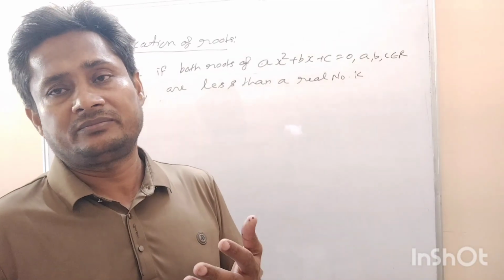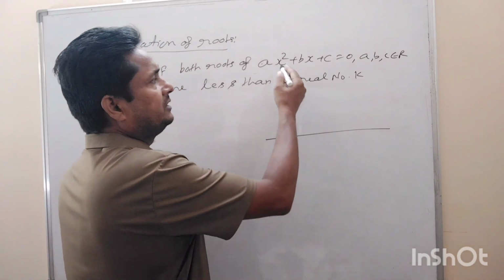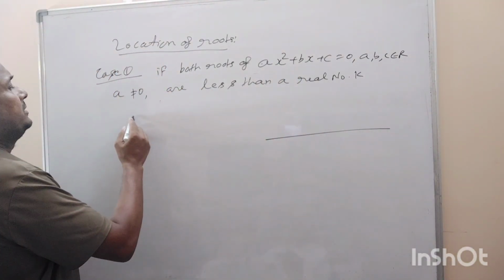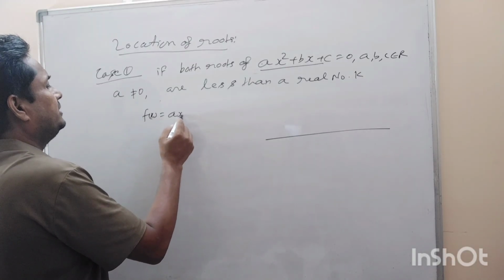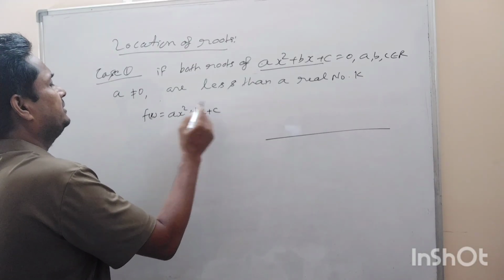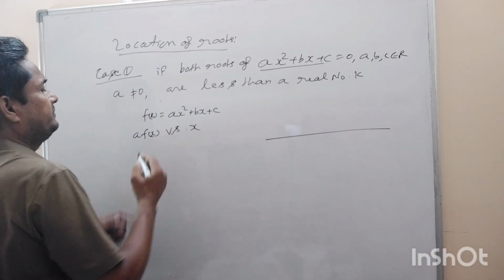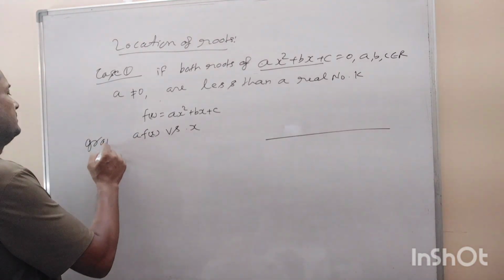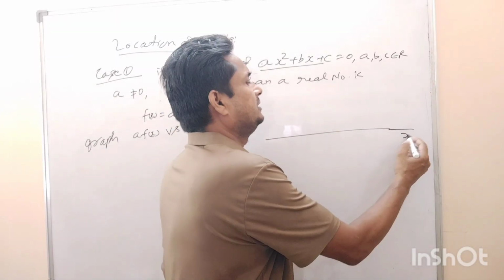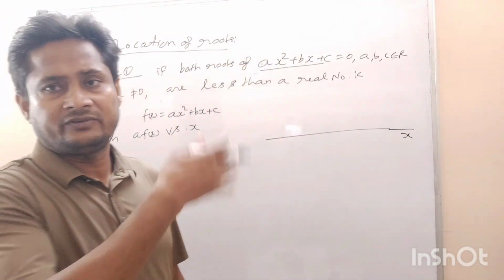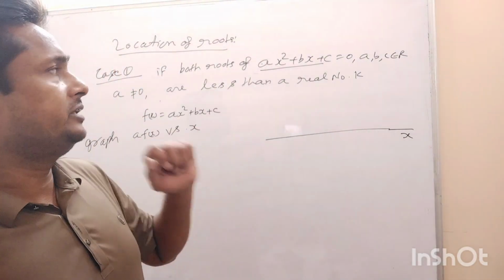So what are the possible conditions here? If we draw the graph of a times f(x) versus x, let's say this is the x-axis and there will be a y-axis somewhere.